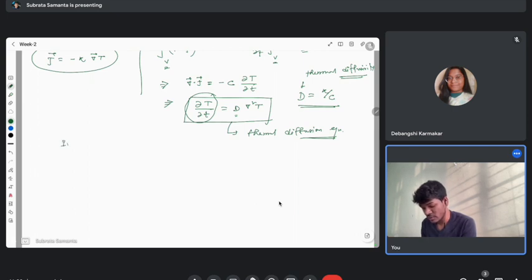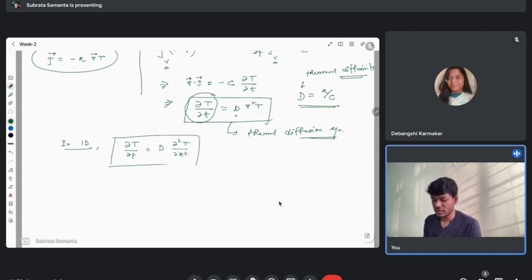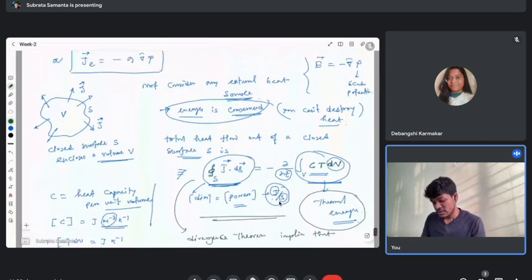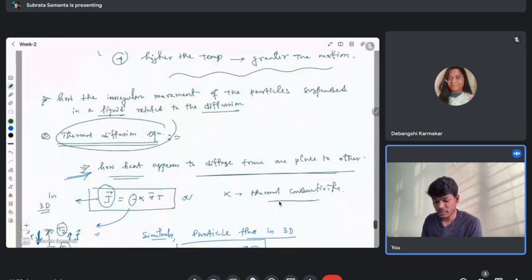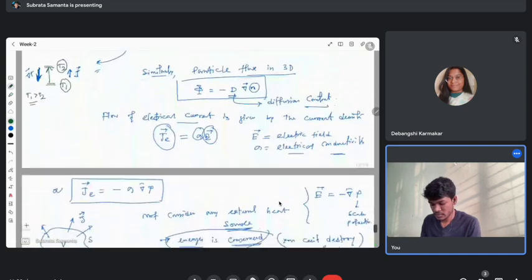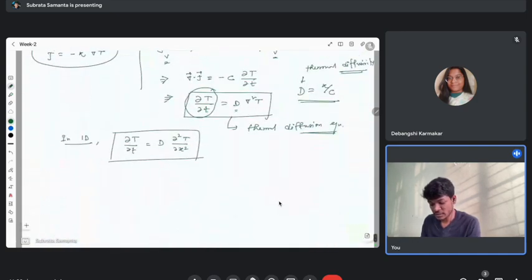So in one dimension, we get del T over del t equals D del squared T over del x squared. Now this equation tells us the question that we previously asked, how heat is diffused from one place to another. The space derivatives are related with time.